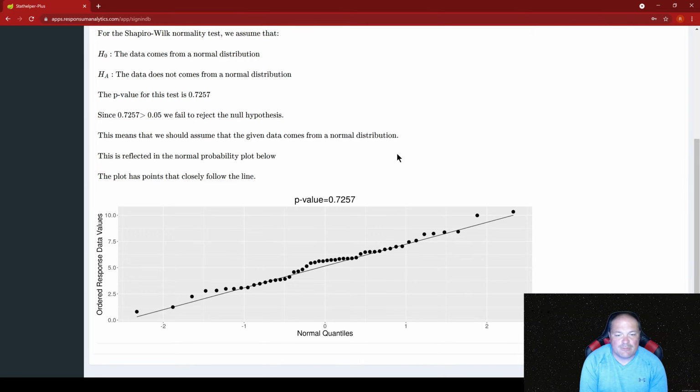The p-value test says 0.7257. That is a really large p-value. So what that tells us is that this data actually does a really good job hugging the line. For you to get something that's not normal, you would have to see a pattern, or you would have to see points way off the line. In this case, we're good to go.